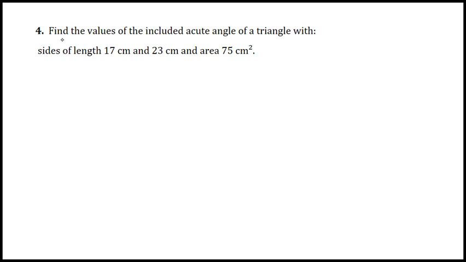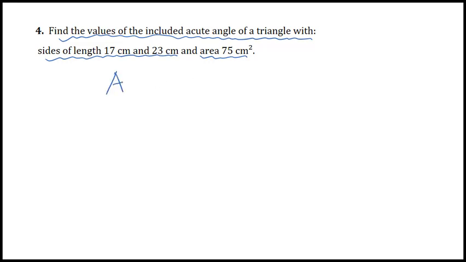Let's go to number 4. Find the value of the included acute angle of a triangle with sides of length 17 centimeters and 23 centimeters, and area is 75 square centimeters.